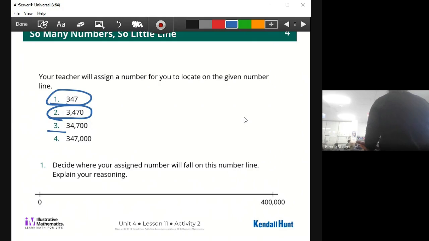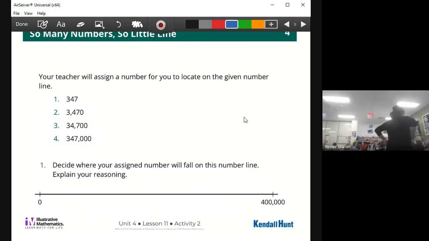And in 6 and 7, you're going to do 347,000. I'm going to give you a couple of minutes and I'm going to walk around and see how we're doing. First of all, make sure you circle the number you're doing. Make sure you guys circle which number I assign your table group.